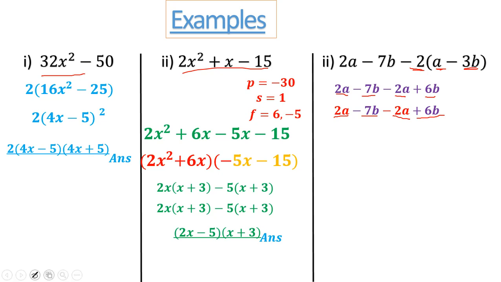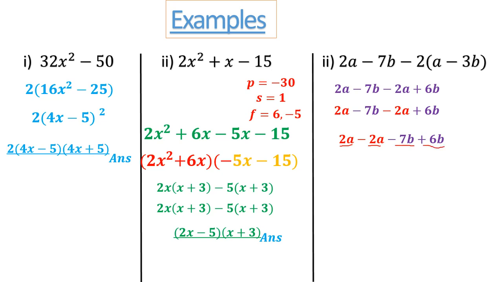So let us group them together. We're just going to arrange them like this. So we have 2a minus 2a, then negative 7b plus 6b. Remember, we don't have an equal sign here, so their signs will be maintained. We are just arranging them.